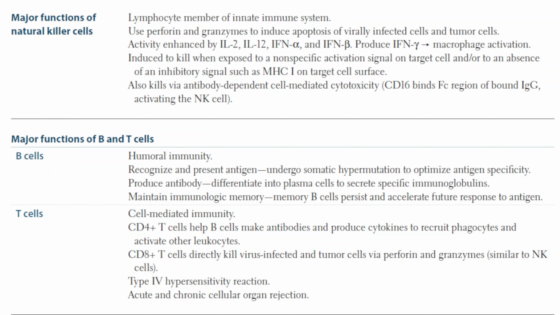Remember, most of the immunoglobulin comes from B cells. They maintain immunologic memory. So the memory B cells persist and accelerate the future response to antigen. So that's the main function of the B cells: they recognize and present antigen, produce antibodies and immunoglobulin, and maintain immunologic memory.